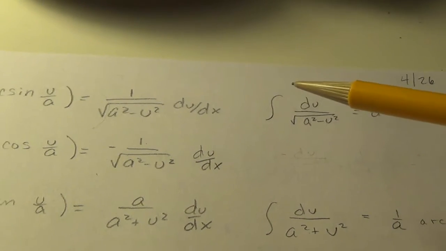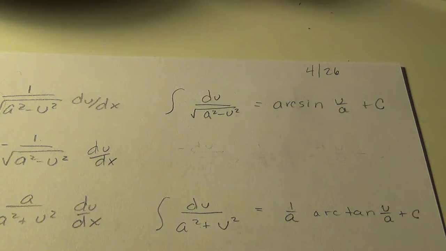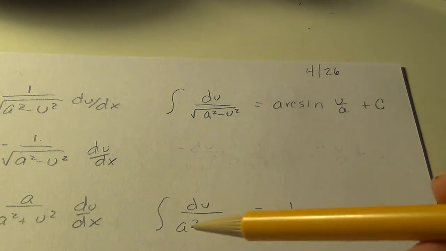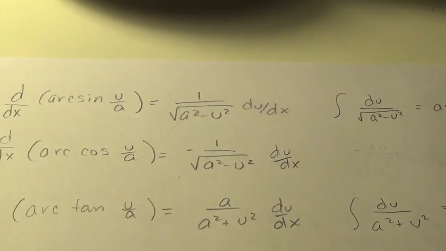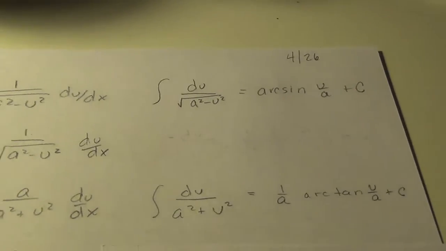This a, let me see about that. The integral of 1 over a squared plus u squared. Oh yeah, that's right. So this is correct. The integral of 1 over a squared plus u squared is 1 over a arc tan u over a plus c. So we have to do a little bit of u substitution to see that that was correct, but it is.